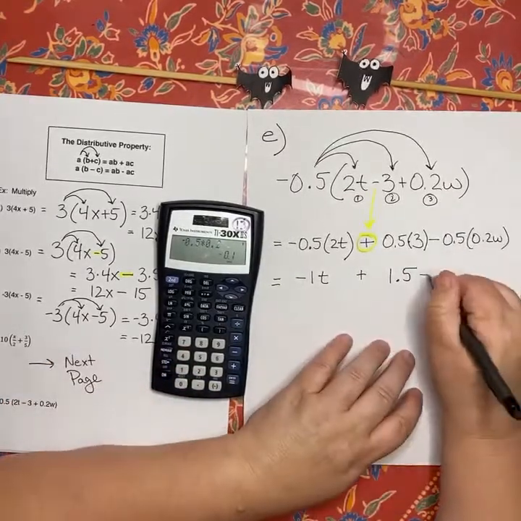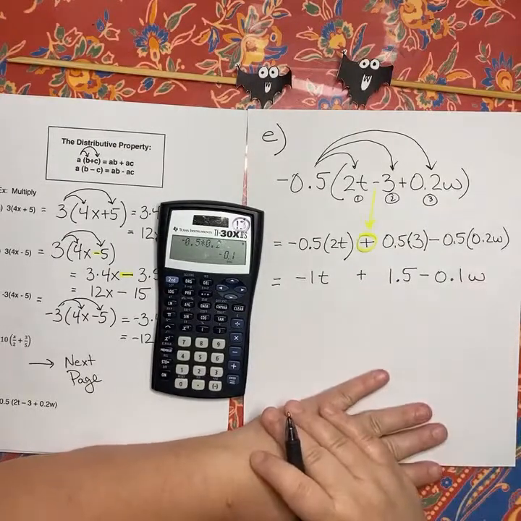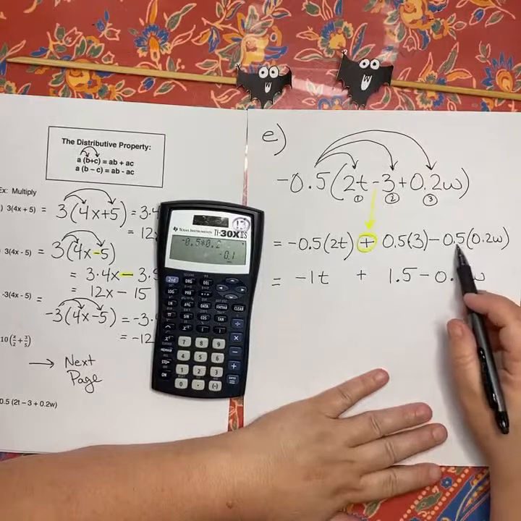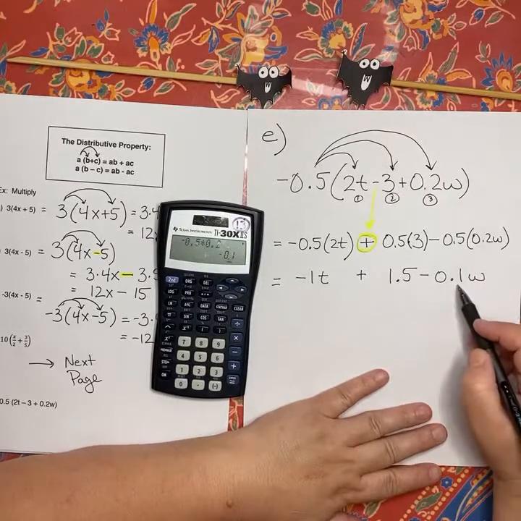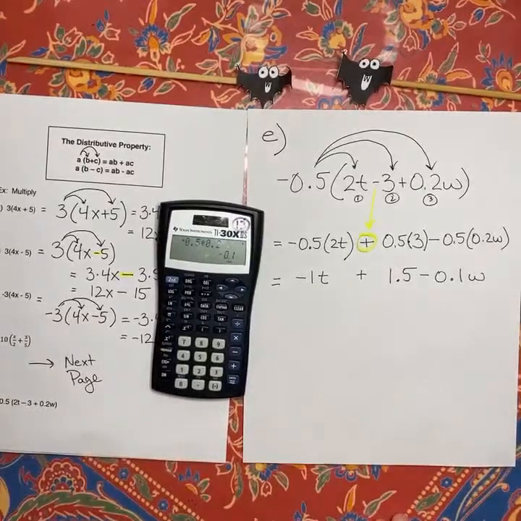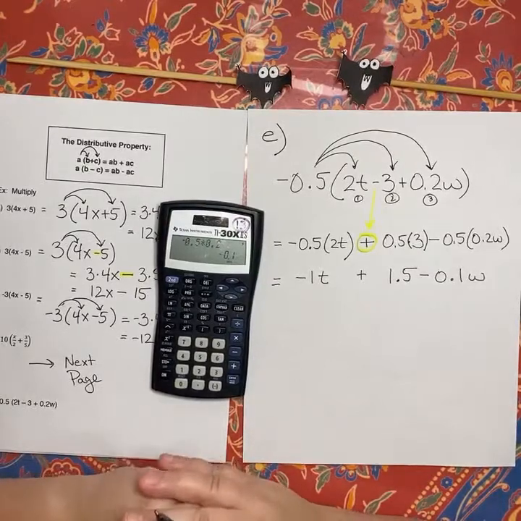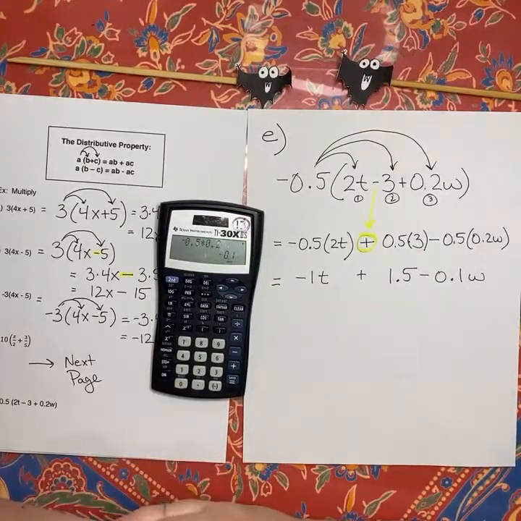It ends up being 0.1w, which really weirds me out. That 0.5 times 0.2 gives me 0.1. There you go. Okay. Is there anything that adds or subtracts? No, we're done. You guys made it. Nicely done. That was the first part of 1.9.